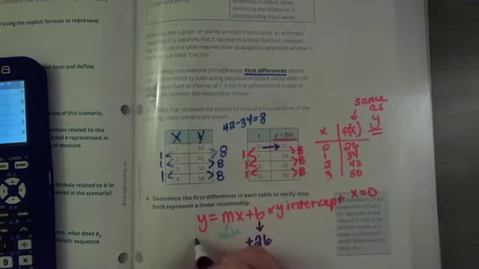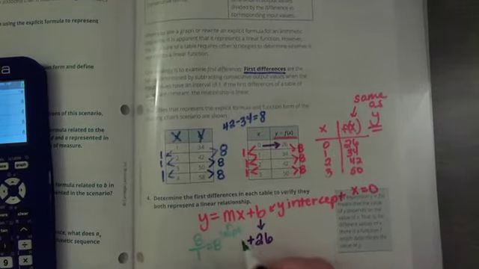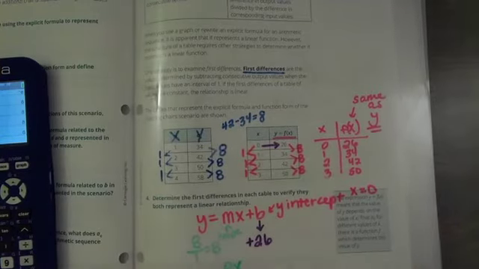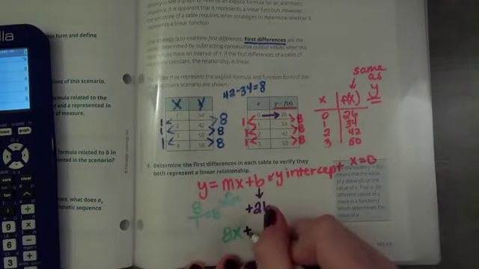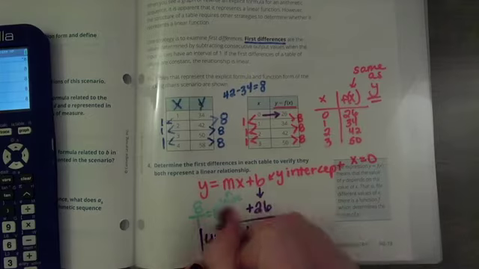So that would be 8 over 1, which is just 8. So then it would be 8x, and then our y-intercept, oops, I need to move up a little bit, 8x plus 26. So that would be our equation.